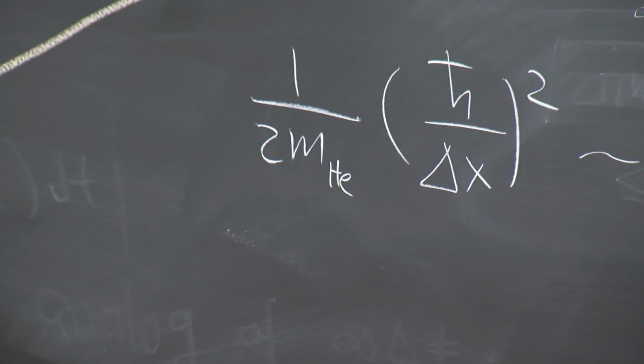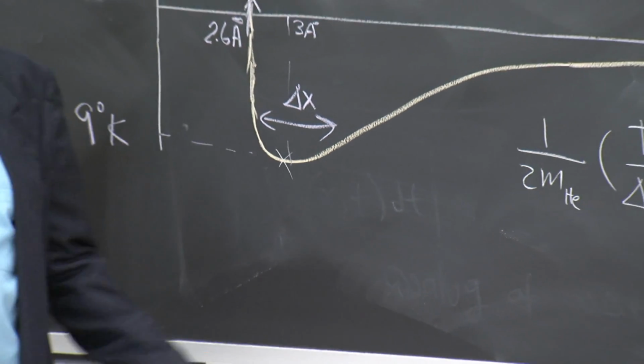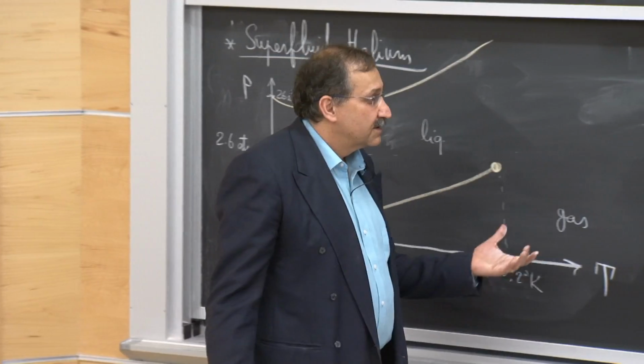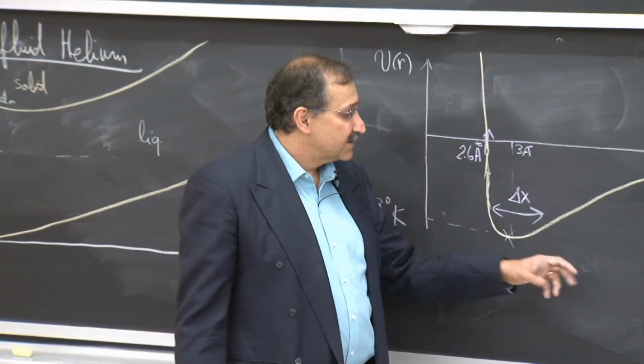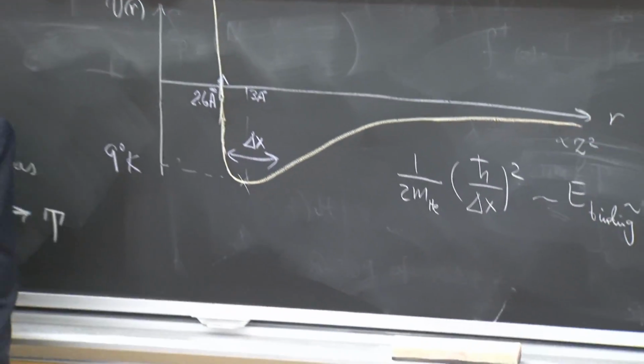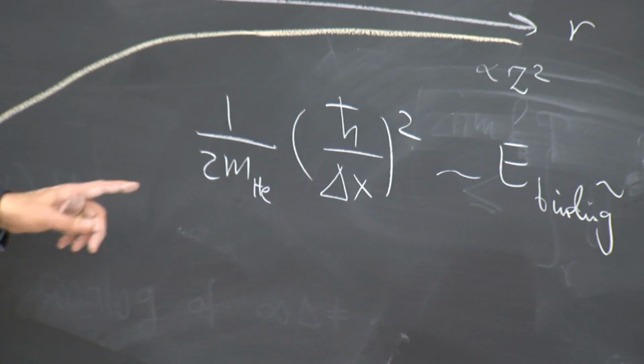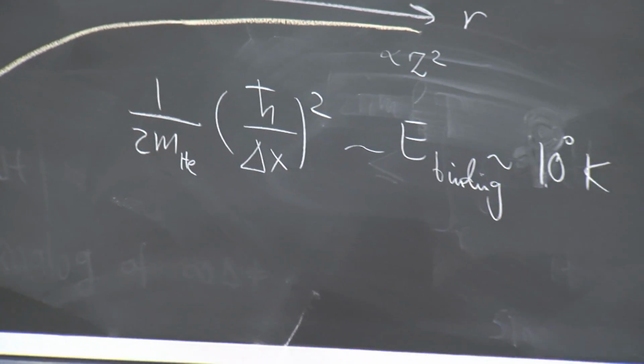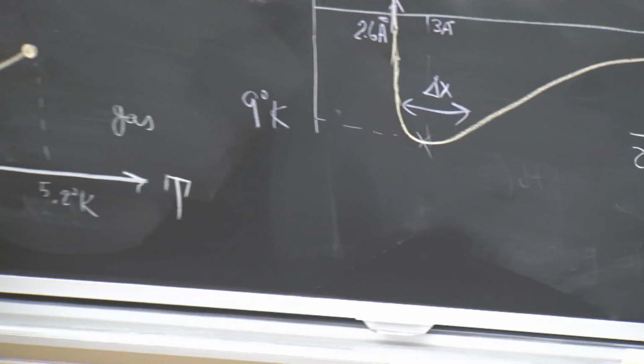Now, the other property that distinguishes helium from krypton and, let's say, all the other noble gases is that its mass is very small. So because this mass is small, this uncertainty in energy becomes comparatively larger. Okay?